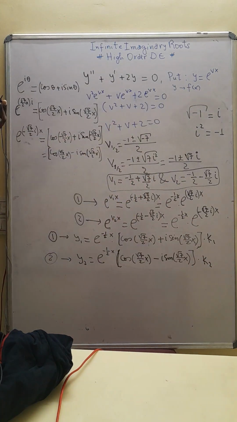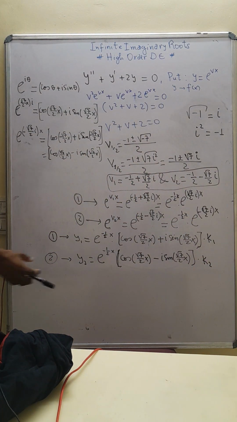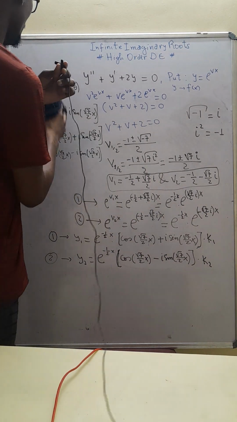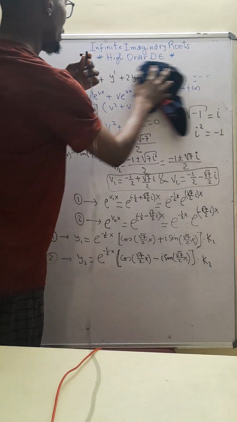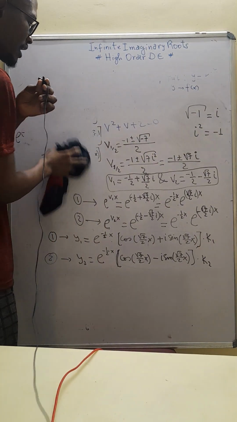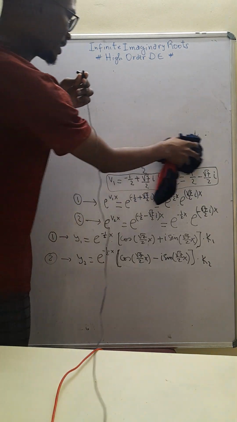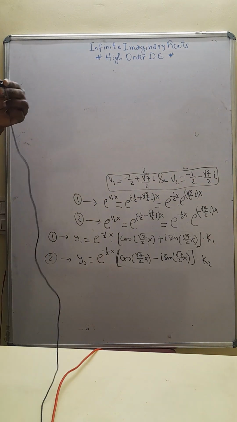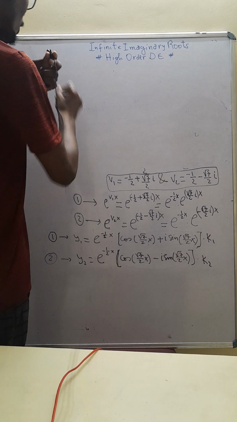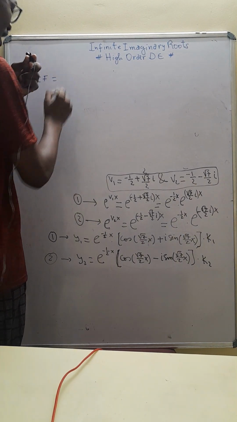It's up to you. If I put all this together, what will be my CF? I will erase this part over here because I have no more space. What will be my CF here?